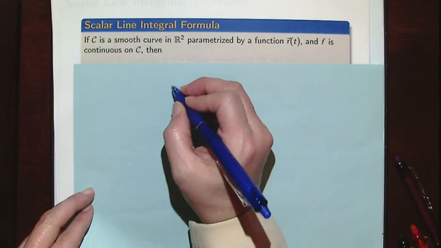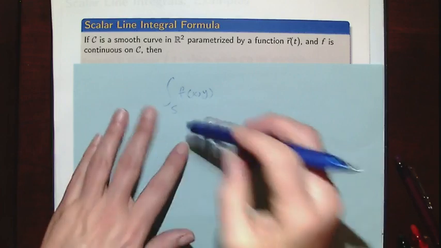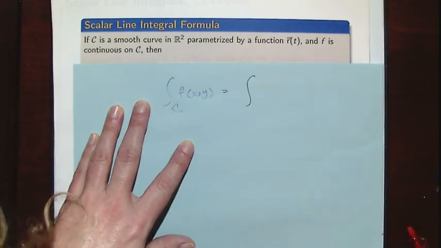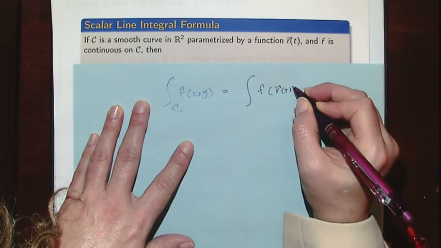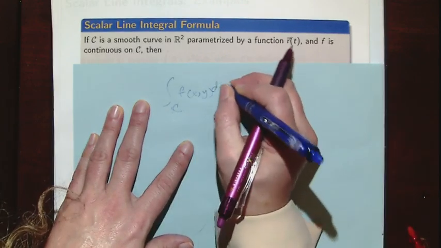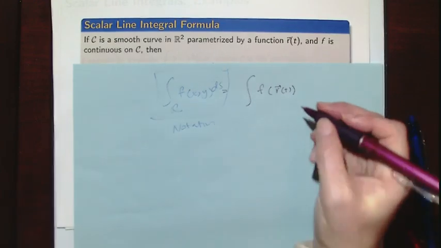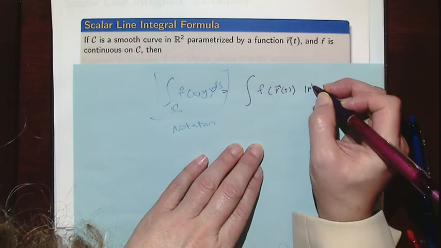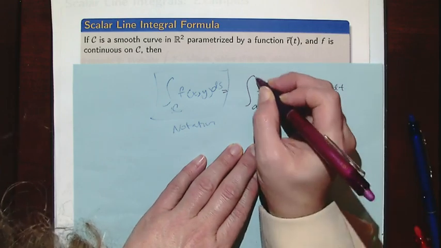So the integral of f of x and y ds over C, which is a curve, is going to be f of r of t. Then I forgot something. What did I forget? ds. This is notation. According to that Riemann sum, it's going to be f of r of t, magnitude of r prime of t, dt from a to b.